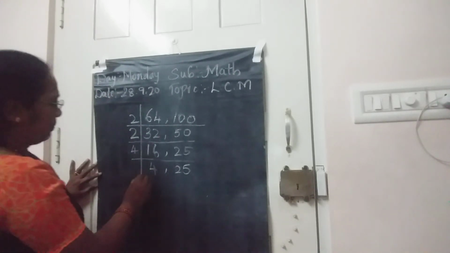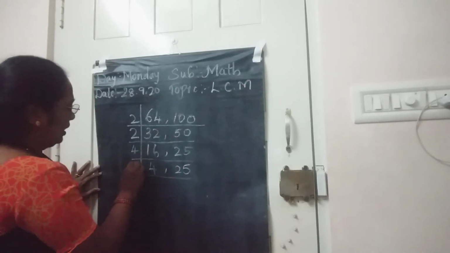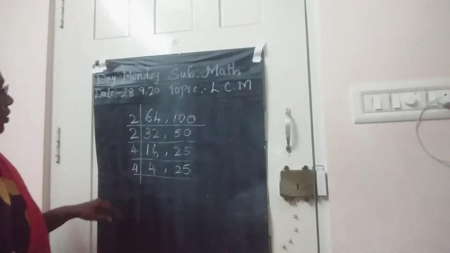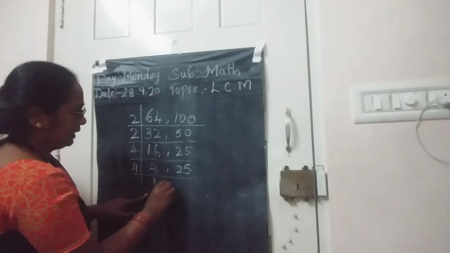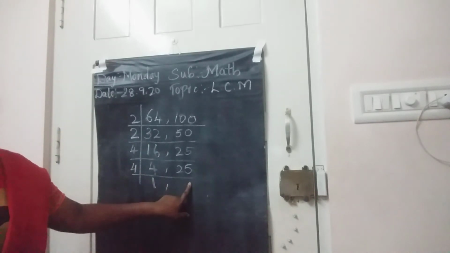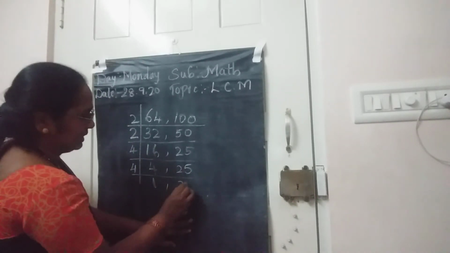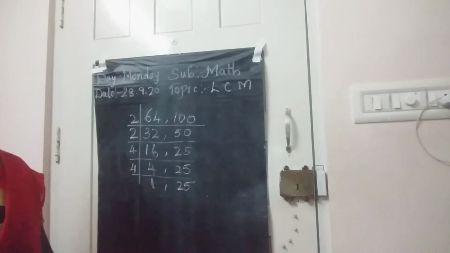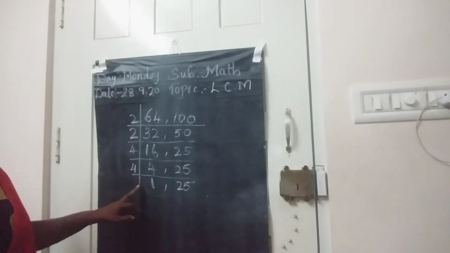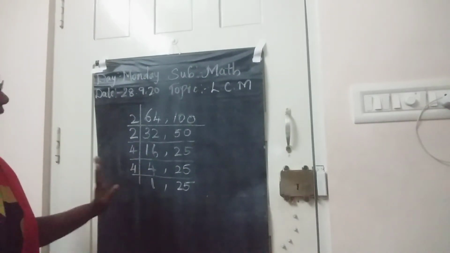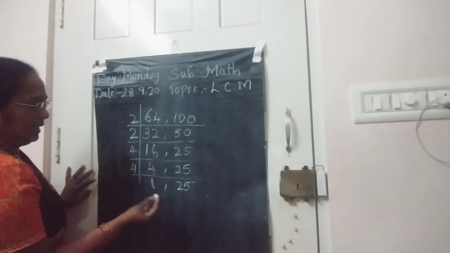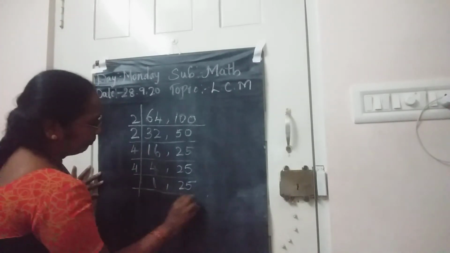That is why we are bringing it down. Now again I am taking 4. 4 ones are 4. And here also 4 does not go, so I bring 25 as it is. So 1 is 25 and 1 is 1.